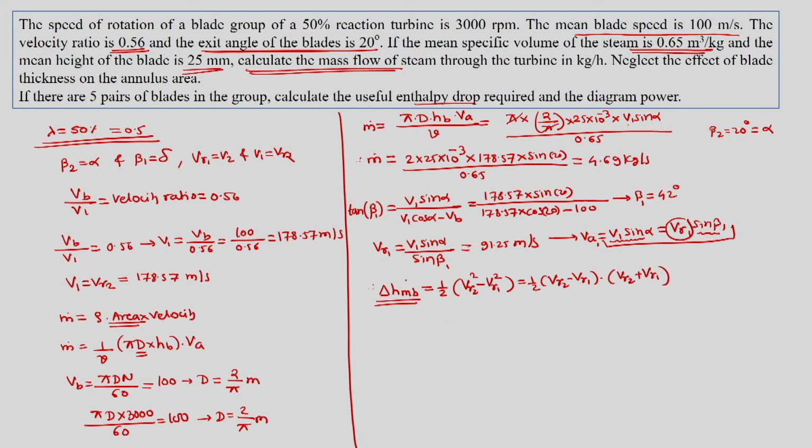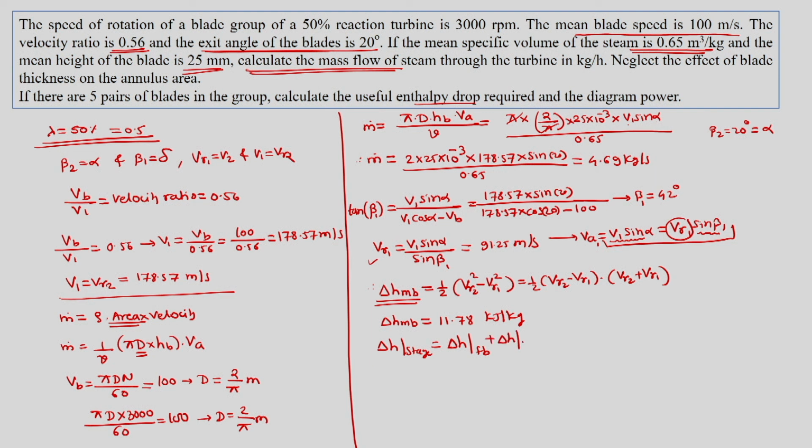We know VR1 and we know V1, which is equal to VR2, as we have said here. So delta H moving blade is equal to 11.78 kilojoule per kg.